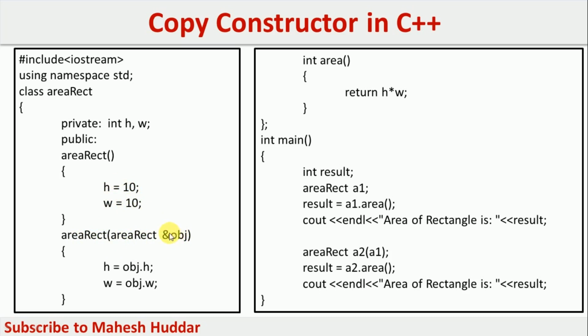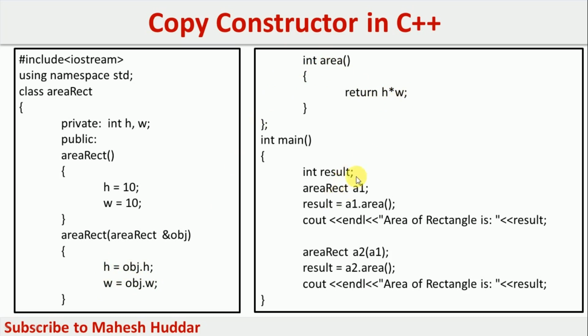We are passing an object here. The values of this object will be copied into the new object. The values we have are H and W. So the value of H of the old object will be stored into the new object here. Similarly, the value of W of the old object is stored into the new object. Now in this case we have created one member function called area, which will return the multiplication of H and W, that is nothing but the area of a rectangle here.